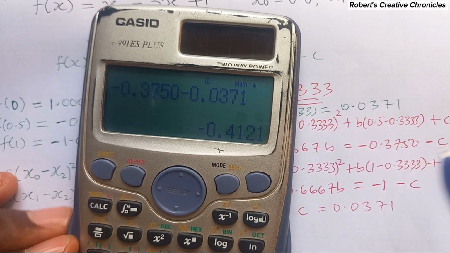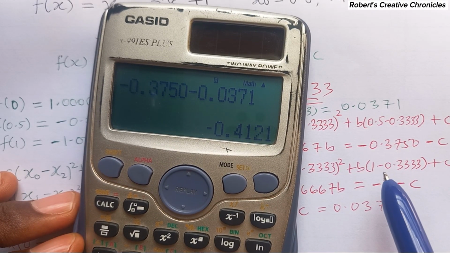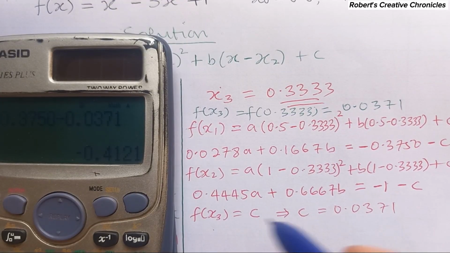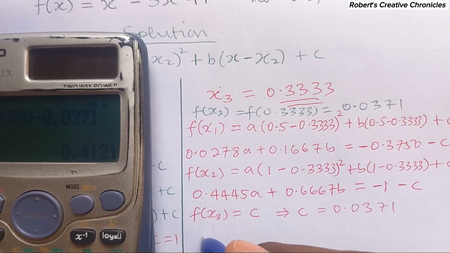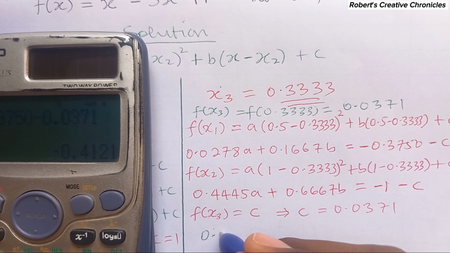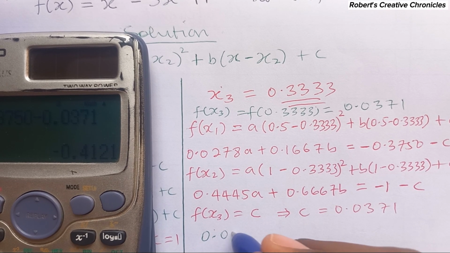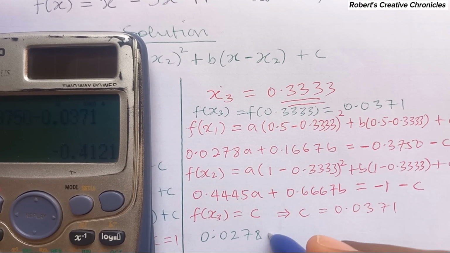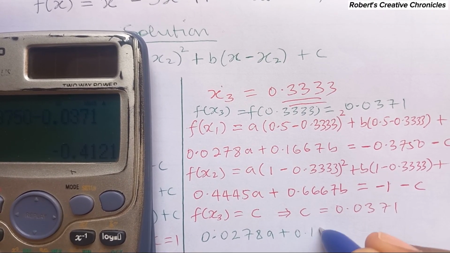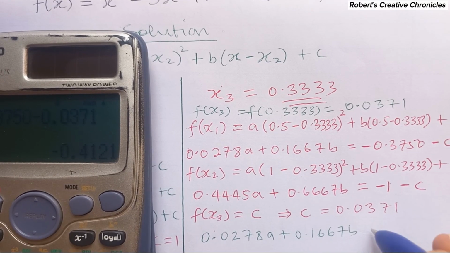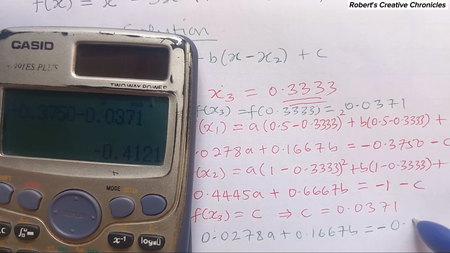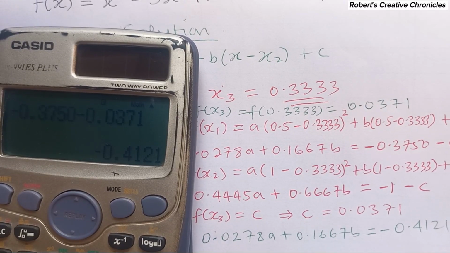So this is negative 0.4121. So this is 0.0278 a plus 0.1667 b is equal to negative 0.4121.